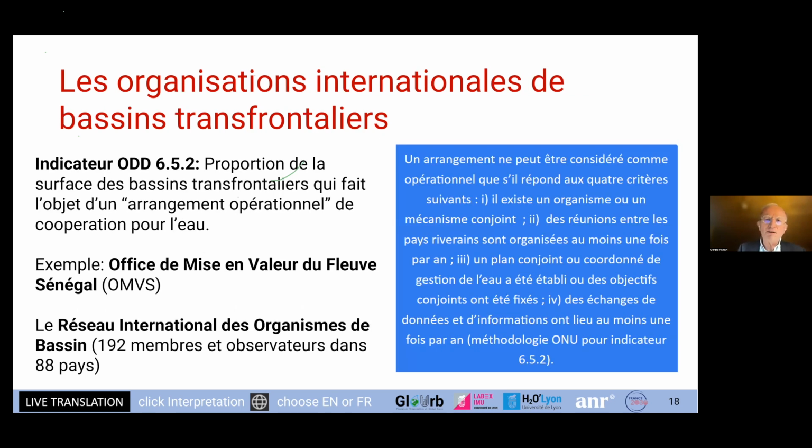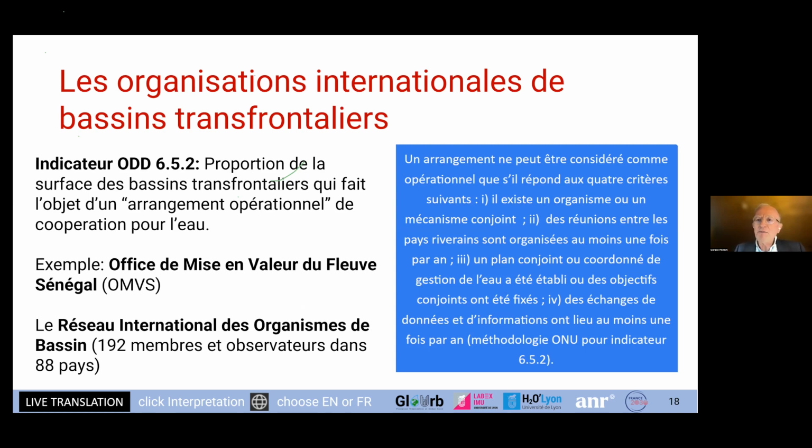cross-border cooperation is a political objective, and it's one of the different SDGs. There's an official determination to make sure that there are cooperation agreements for all cross-border areas, but agreements that actually work, that are useful, that are very specific when it comes to what they define. I won't go into details, but you've got some information in the blue.